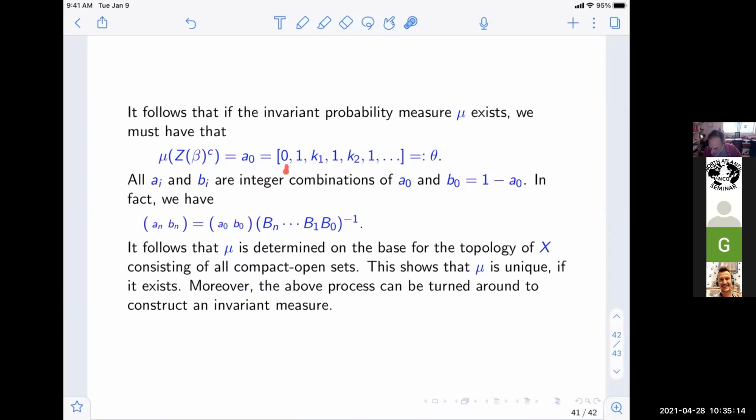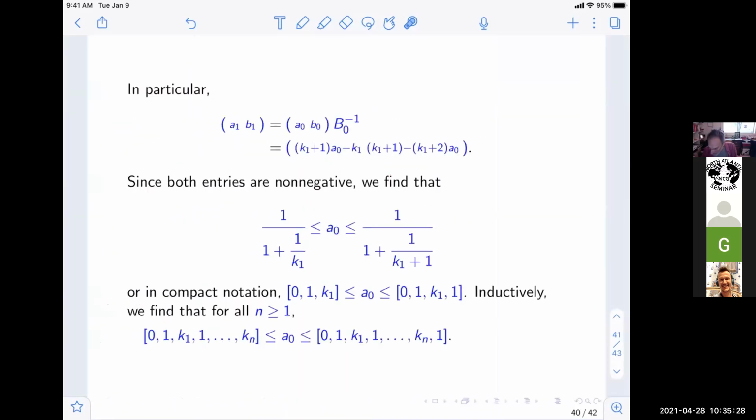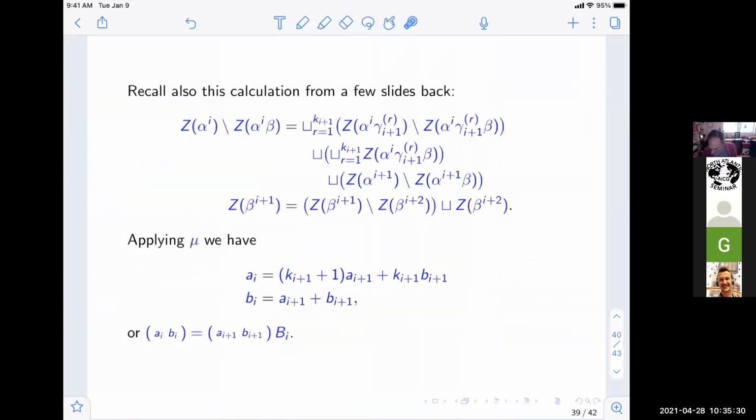Because the integer part is 0, theta is between 0 and 1. Well, we already know that. It's the measure of a subset under a probability measure. So it's between 0 and 1. Now, remember the A_i's are gotten from previous ones using the B_i's, which are GL_2(Z) matrices.